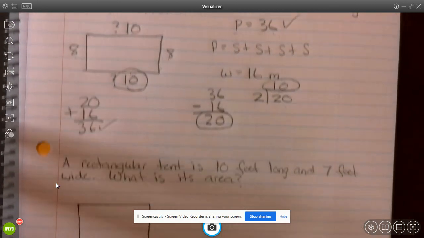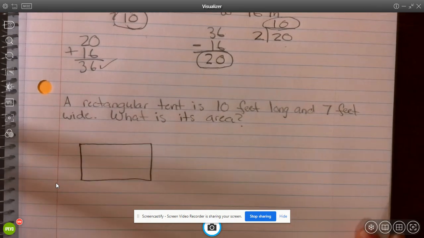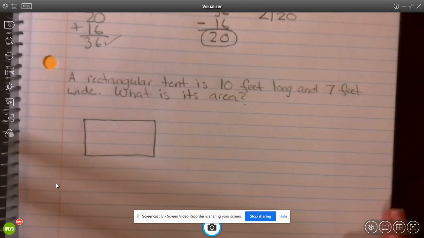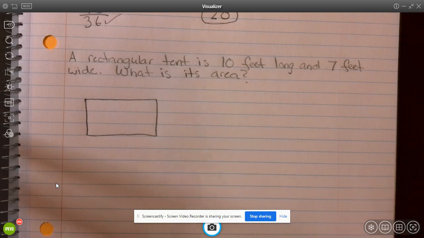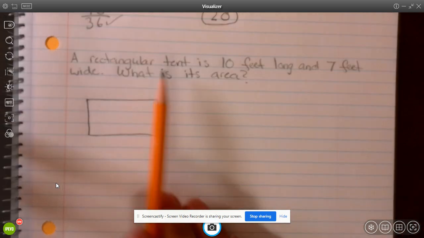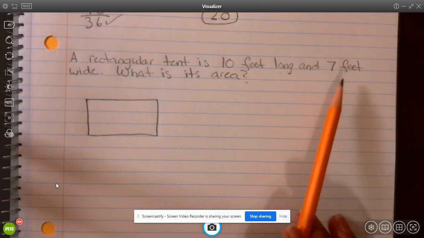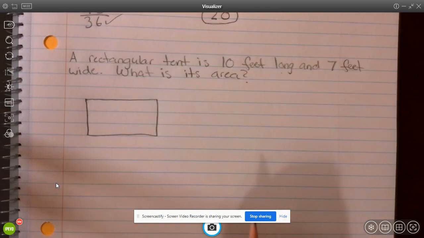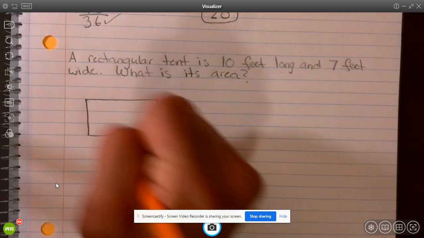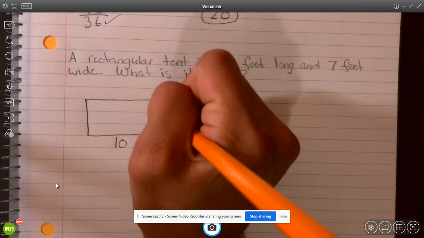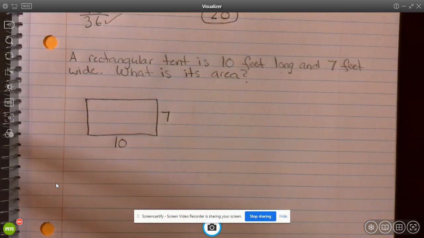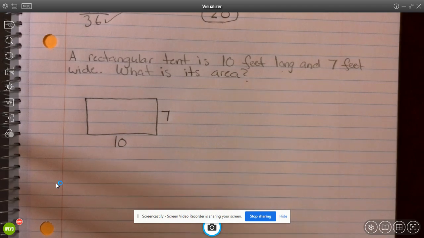Okay, let's do another one. This one is finding the area. A rectangular tent is 10 feet long and 7 feet wide. So 10 feet is the length, and 7 feet wide. What is its area?